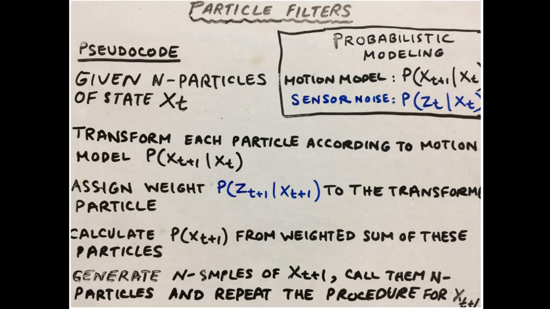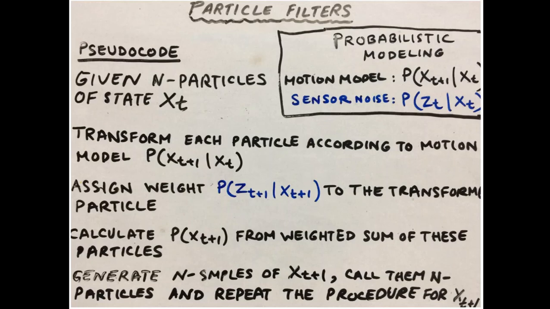In the next step, I will take each particle and transform it to new particles according to the motion model, which is actually the conditional probability of the state variable x at time t plus 1 given the state variable x at time t.